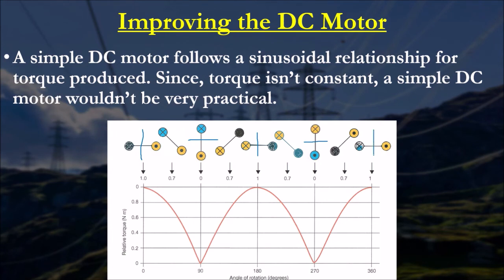So if I have an additional coil that is 90 degrees from my original coil, what I get is when one coil is at its minimum, the other coil is at its maximum. So like this. When one coil position is at its minimum, the other coil is at its maximum torque.